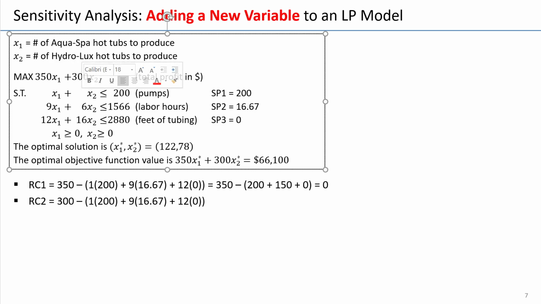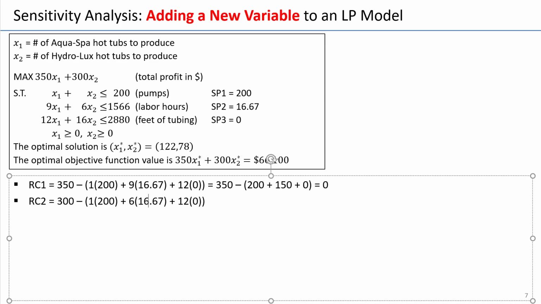It's still one pump, but it's 6 labor hours and 16 feet of tubing. So it's 6 and 16, but the shadow prices remain the same, right? So it's 300 minus 200 plus, and again, if you take 6 times 16 and 2/3, you'll get exactly 100 and 0. So the second reduced cost is 0 again.